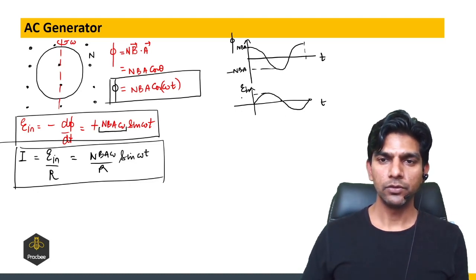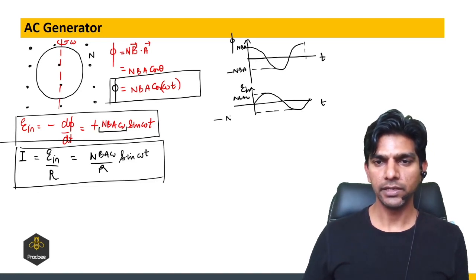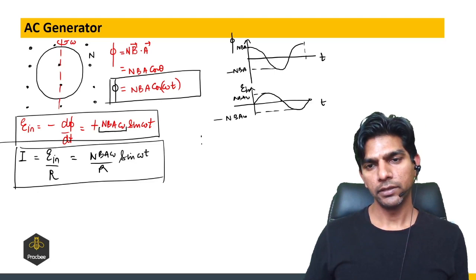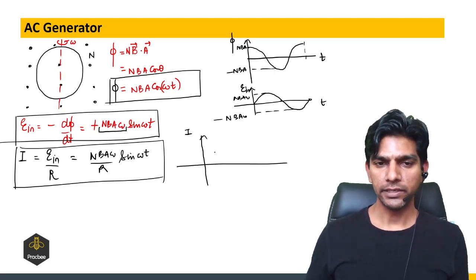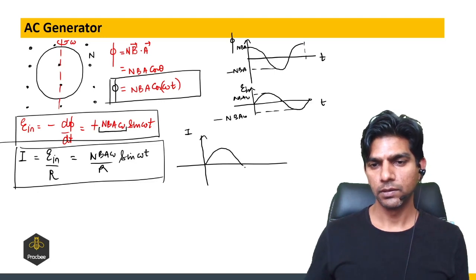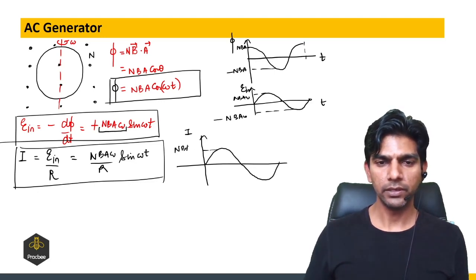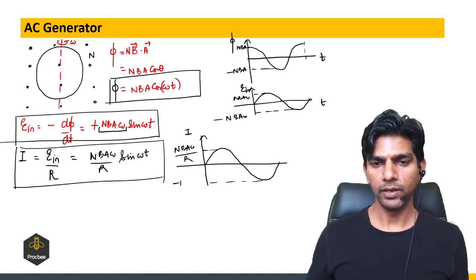And the maximum value will be NBA omega and the minimum value will be minus NBA omega. And the last graph for the current, and the current is again a sine function. And the maximum value is NBA omega by R and the minimum value is minus NBA omega by R.